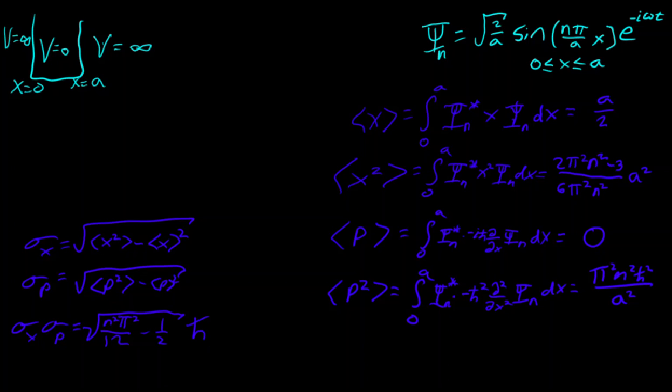And as you can see, for the least uncertainty, the least sigma x, sigma p product, you'll see this thing will get bigger as n increases.